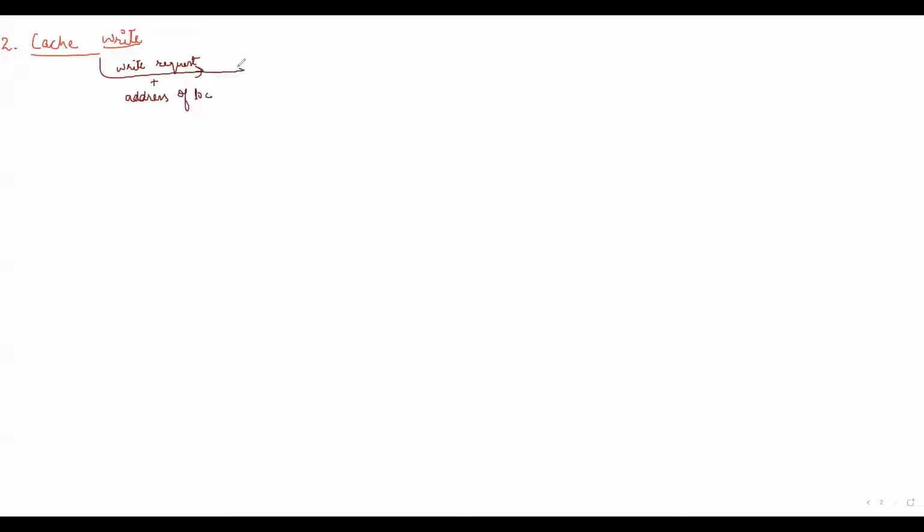This request will go to the cache controller. This controller will have two options. One, the entry is present in the cache. Second, the entry is not in the cache. So the first one is cache hit and the second one is cache miss.